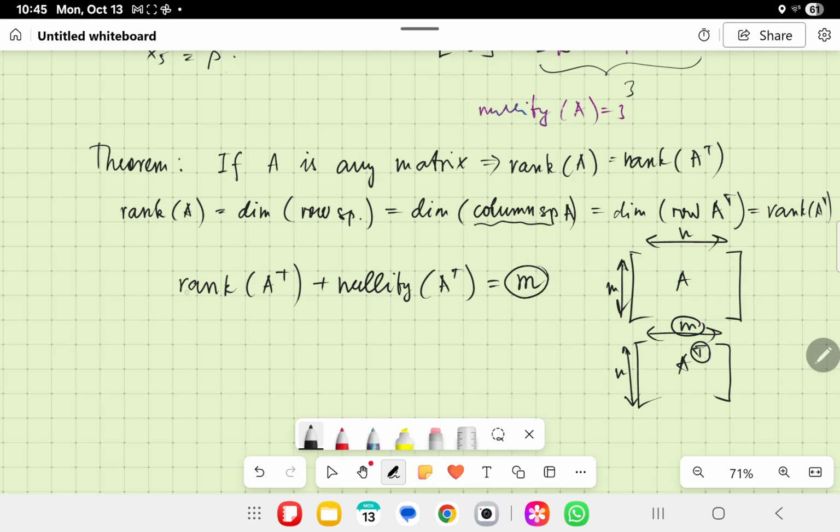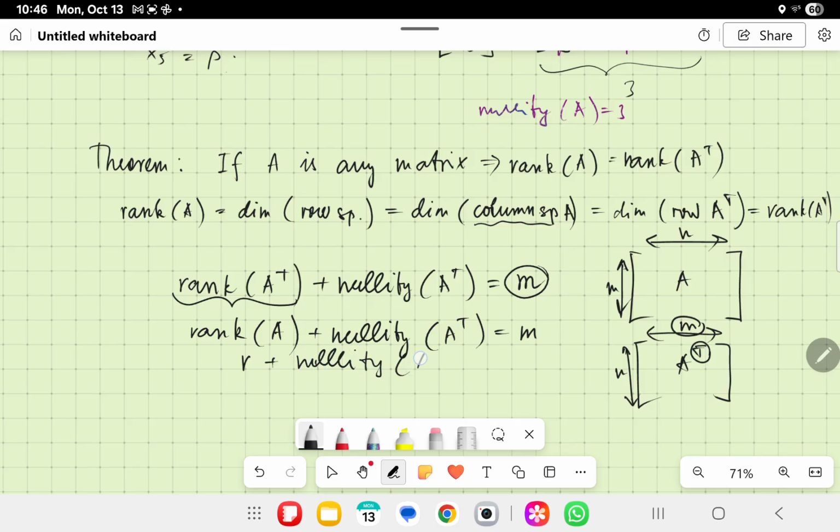So the number of variables for the transpose matrix is going to be m. Now, we know that rank of A transpose is going to be equal to rank of A from the theorem, right? For nullity, we don't know what it's going to be, but if rank of A is equal to r, plus nullity of A transpose, or the solution space of the transpose matrix, equals m, we know that nullity is going to be m minus rank.